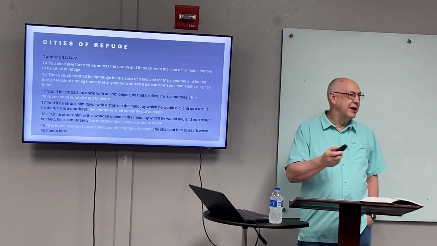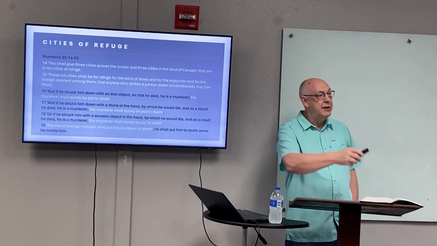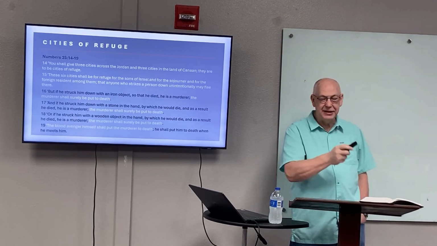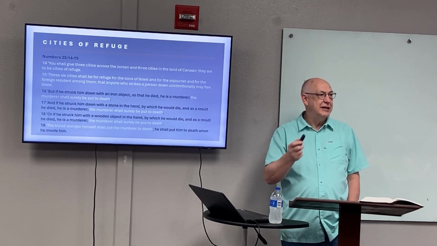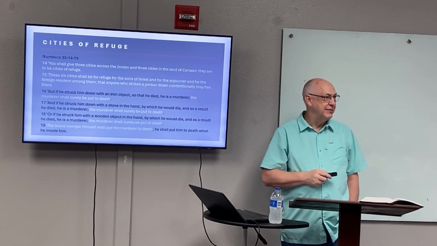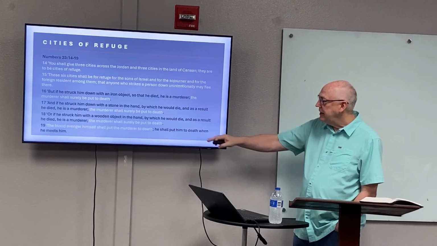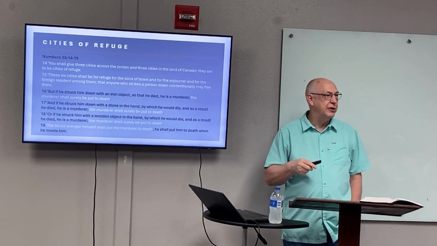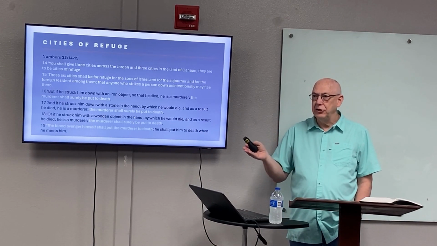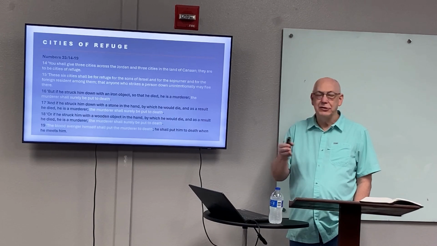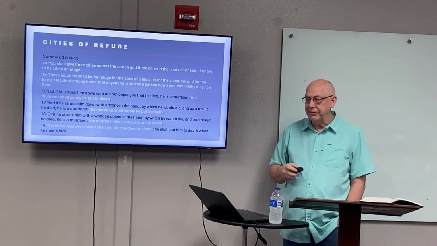Not a murderer. Well, actually, the word is murderer, but it means an intentional murder. That's the distinction. The one who is intentionally a murderer is to be put to death, and their blood is on the avenger, the blood avenger or family avenger. Usually the nearest relative has the right to put that person to death.